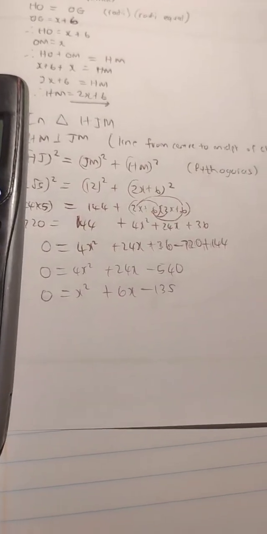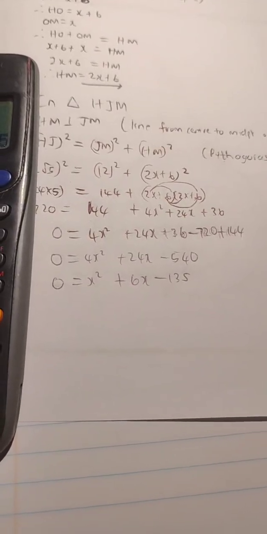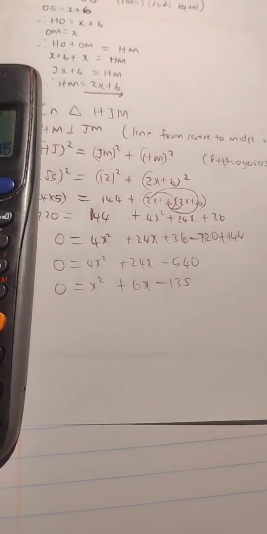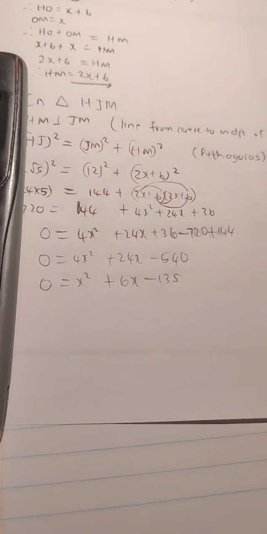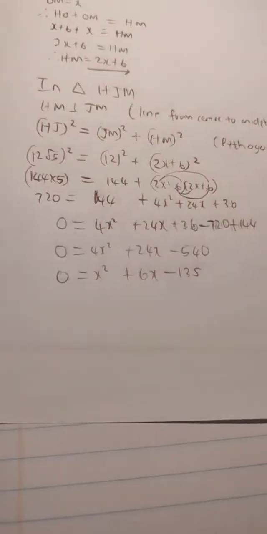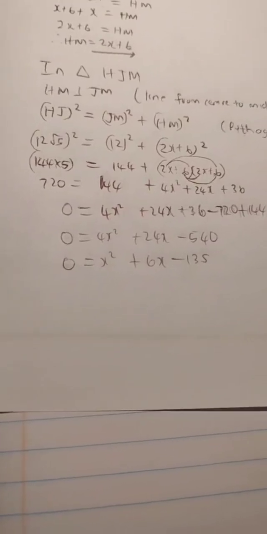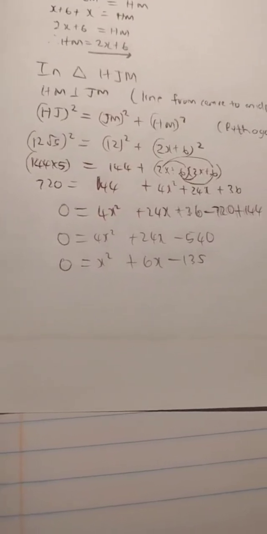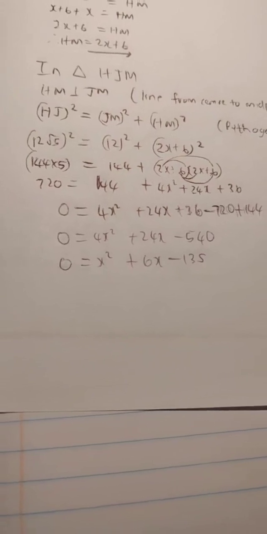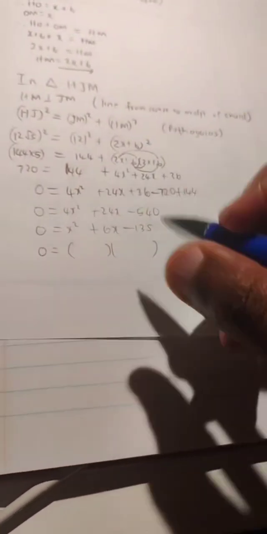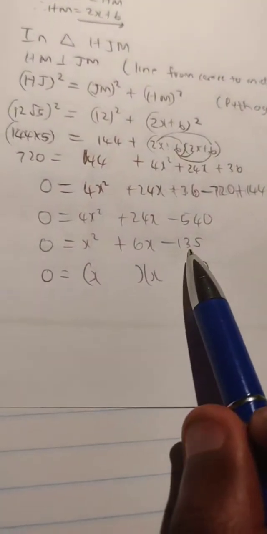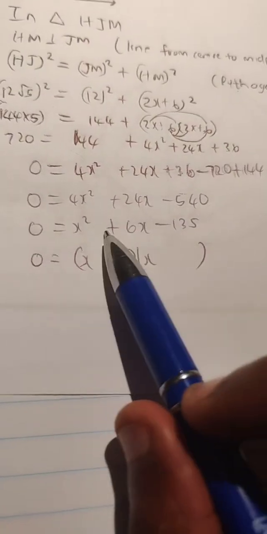X squared plus 6x. What did we just do here? We divided each term by 4. Got x squared plus 6x minus 135. Right? Then you factorize, thinking of the factors of negative 135, which when we add, we get 6.